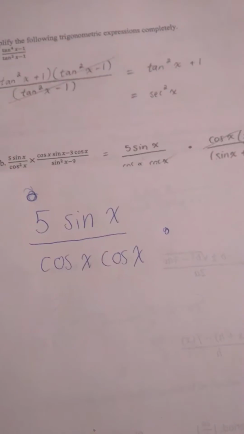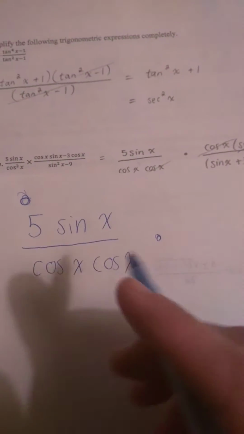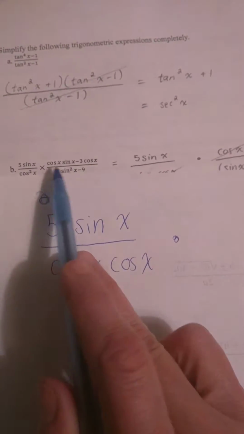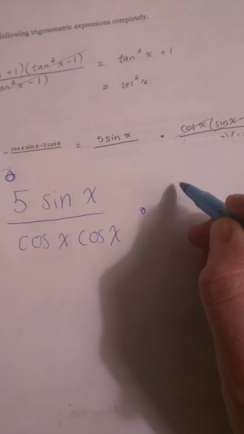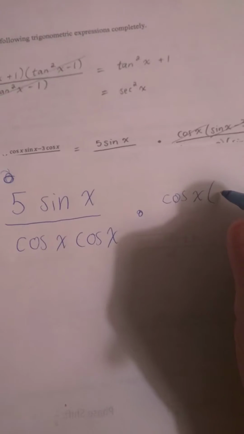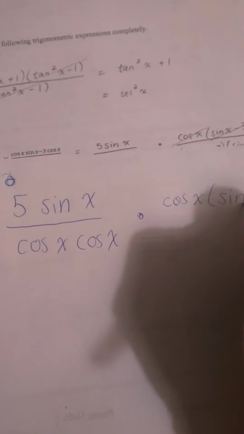And we're going to multiply that by, well, in this numerator here, I see I can factor out a cosine of x. So I'm going to go ahead and do that. And that will leave cosine of x times sine of x minus 3.